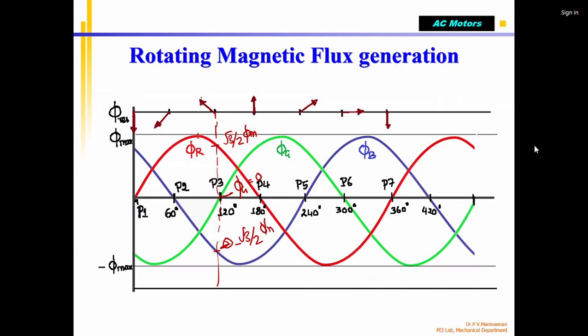So the resultant vector is in this quarter. We know that this is called first quadrant, second quadrant, third quadrant, fourth quadrant. This total is 360 degree. So you can see that the magnetic flux is rotating like this.